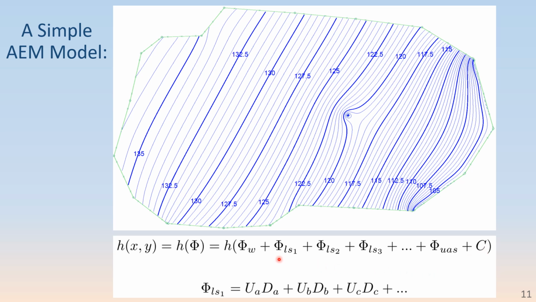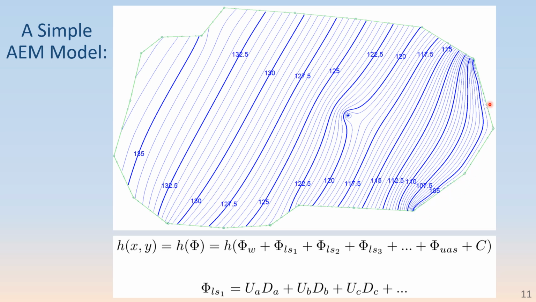So these line sink contributions, each one has unknown strength parameters like U sub A here, U sub B, and U sub C. And it has known coefficient functions, which are a function of the line sink position and orientation, as well as the location of x, y. So Anaqsim solves for these unknown strength parameters, U, by generating boundary condition equations at control points on these line element boundaries.